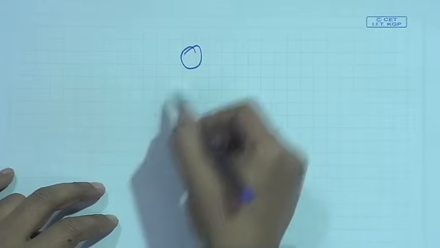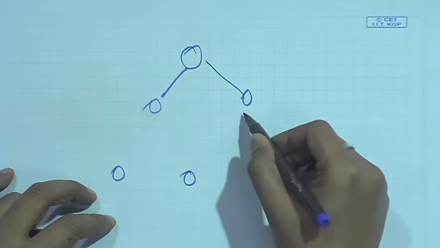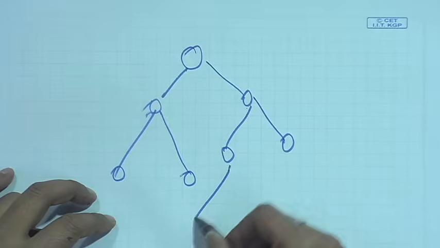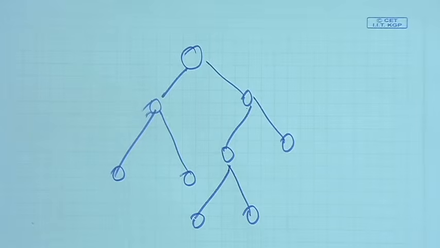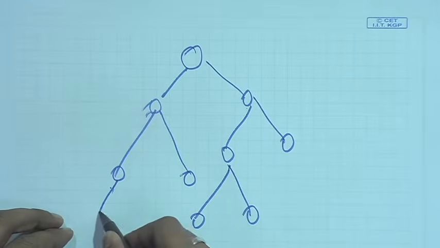So what am I doing here? I am having different nodes in my hierarchy, and suppose that you have already found what is their information content. Okay.